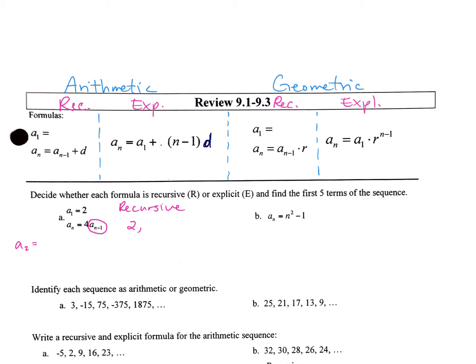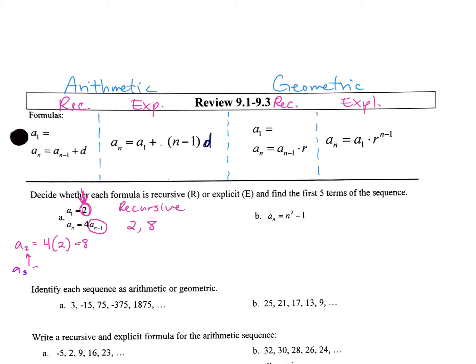You're going to plug in the 2, but which 2? Is it this 2 or is it this 2? It's the first 2, right? You're plugging in the term before the term you're talking about. So A sub n minus 1 is the first term. It's A sub 2 minus 1, which is this 2. So this is going to be 4 times 2, or 8. So my second term is 8, okay?